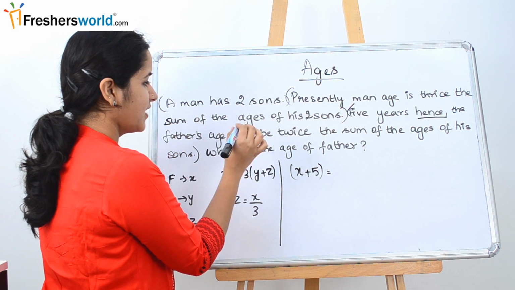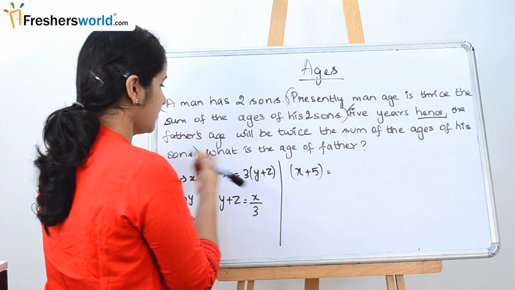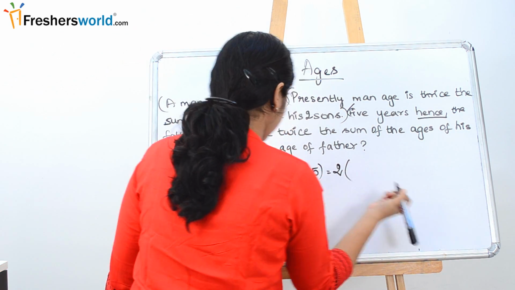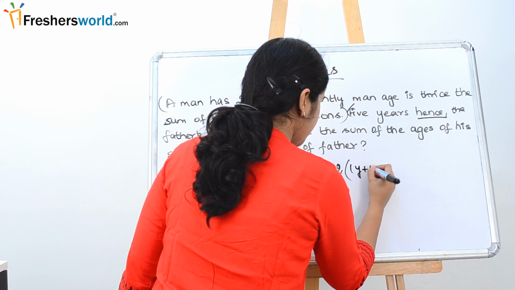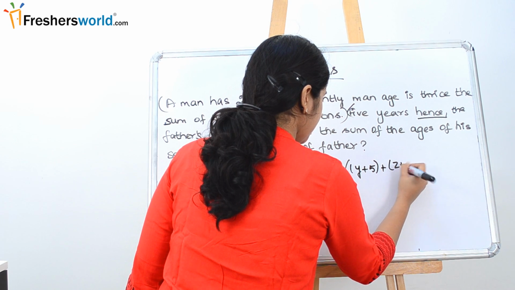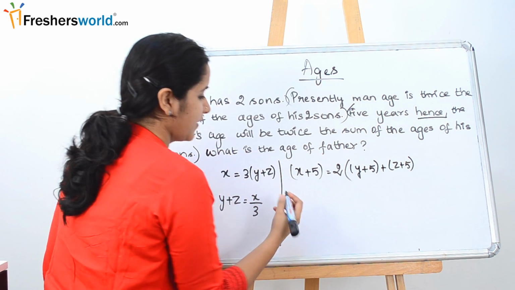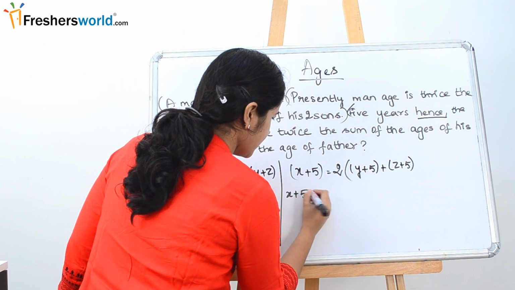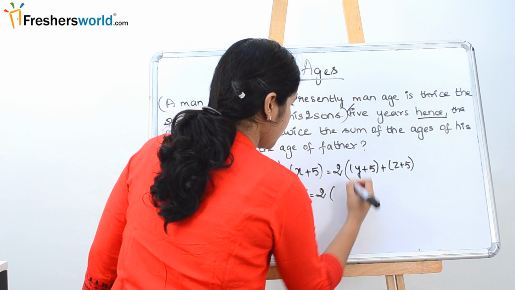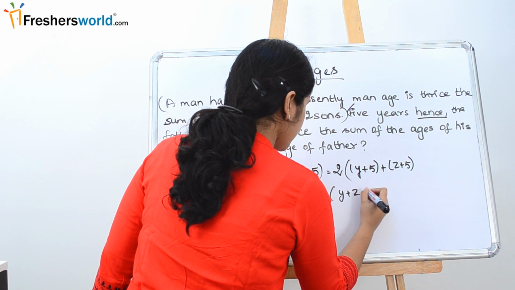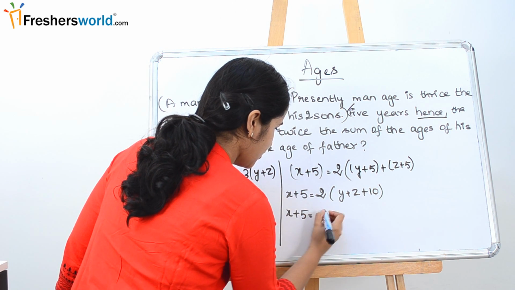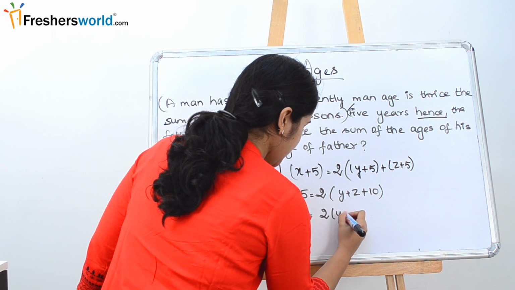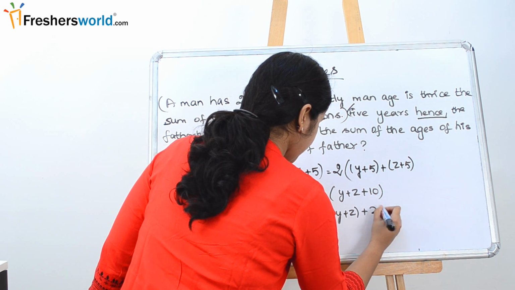The father's age will be twice the sum of the ages of his sons, who are Y and Z. So, Y plus 5 plus Z plus 5. Let's just simplify it. So, X plus 5 is equal to 2 into (Y plus Z plus 10). This can be rewritten as X plus 5 is equal to 2 (Y plus Z) plus 20.